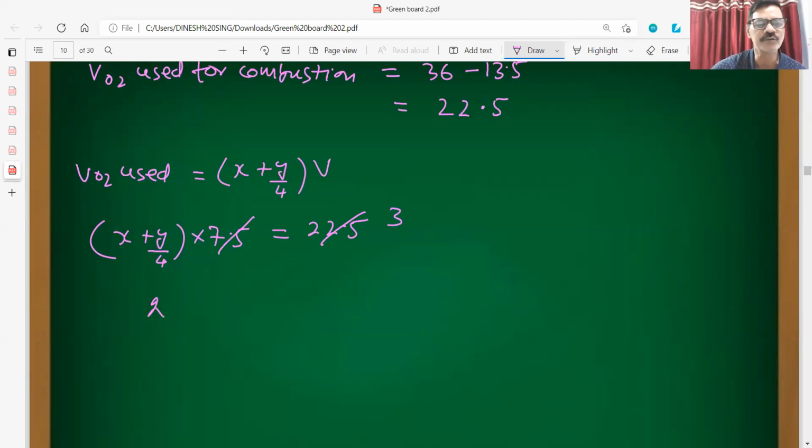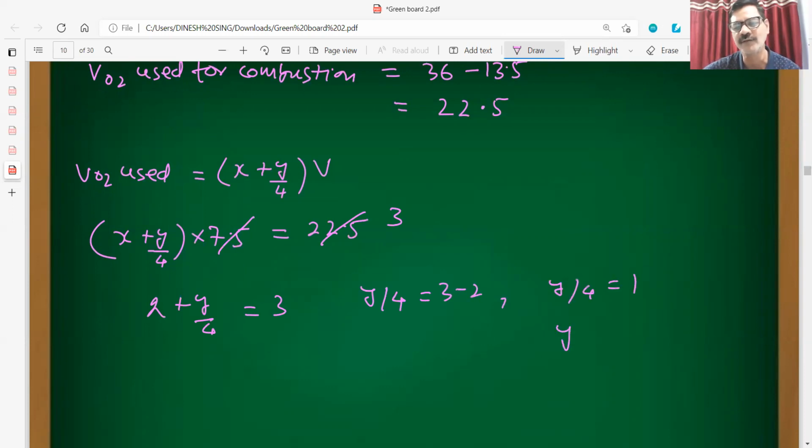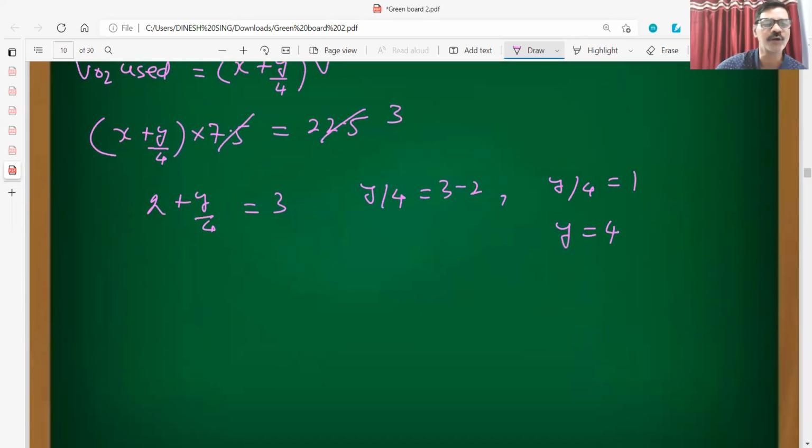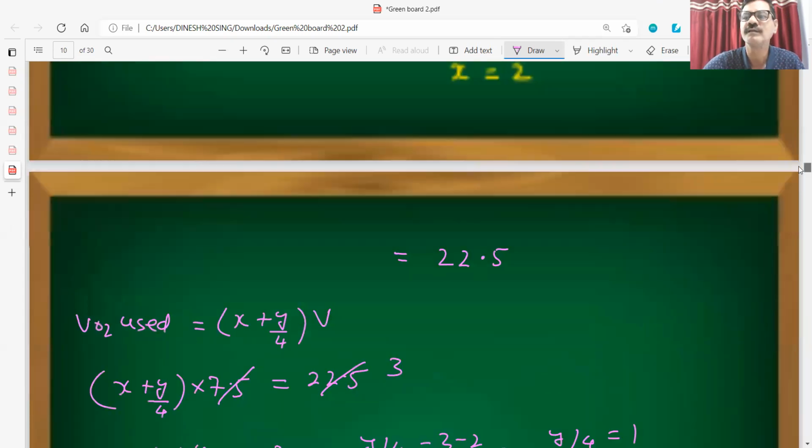And with x value 2, 2 plus y by 4 is 3, or y by 4 equals 3 minus 2, y by 4 equals 1. So y equals 4 we can say. So the molecular formula will become CxHy, that is C2H4. So I think this problem is clear to everybody.